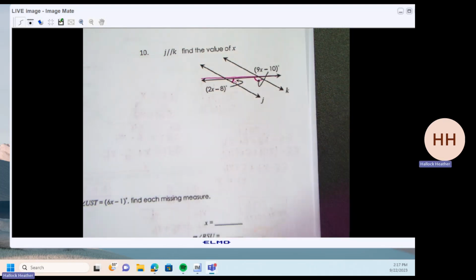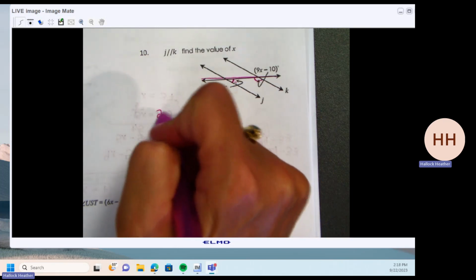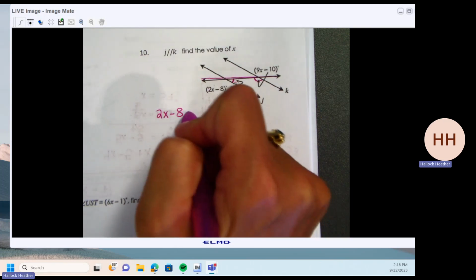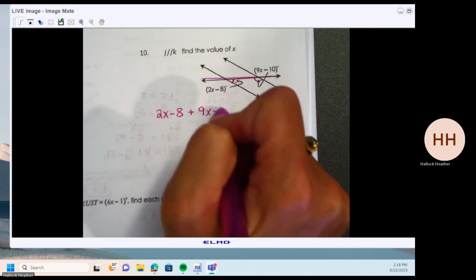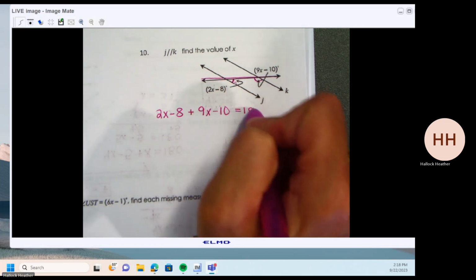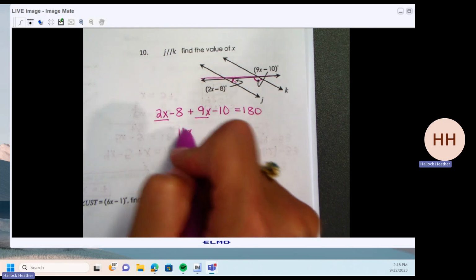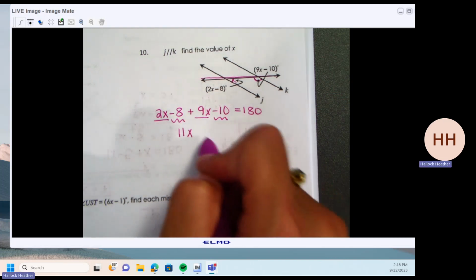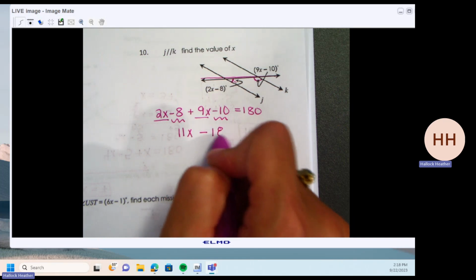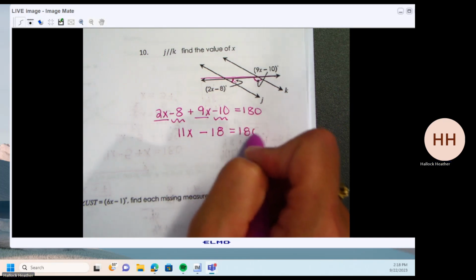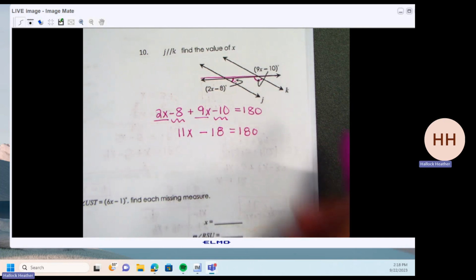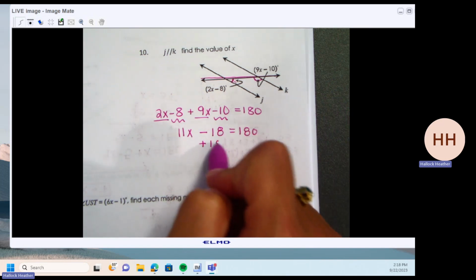Since they're not the same, I'm going to add them to make 180 because they are supplementary. 2x and 9x make 11x. Negative 8 and negative 10 make minus 18. So now I can add 18 to both sides.